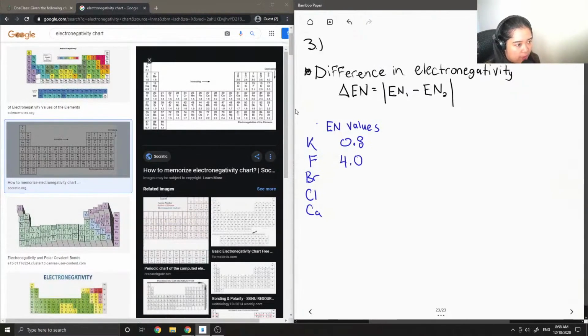Bromine is below it, 2.8. Chlorine is above bromine, 3.0. And calcium is found on the left side. The electronegativity value is 1.0.